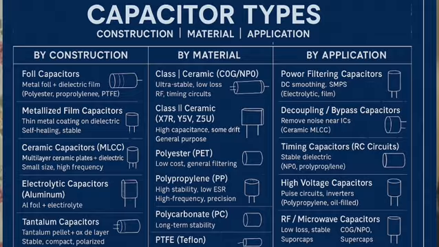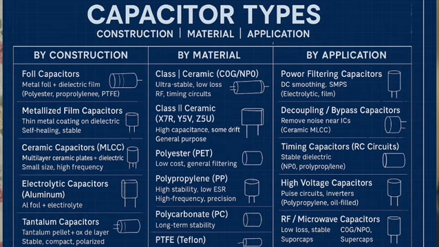Decoupling and bypass capacitor applications remove the noise near the ICs, and ceramic MLCCs are used for these. For timing circuitry with RC circuits, stable dielectrics like NPO and polypropylene are widely used. For high voltage applications, such as inverter and pulse circuitry, we use polyethylene oil-based high voltage capacitors.